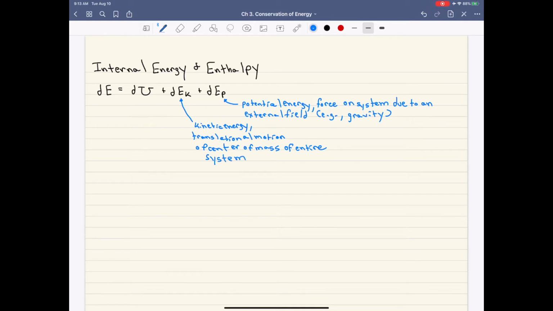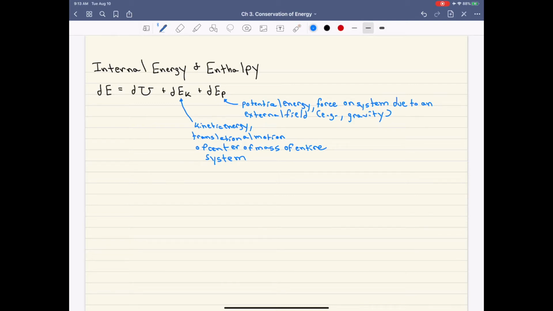So if we think of our system and its boundaries, the kinetic energy describes the energy associated with the speed of how fast that system is moving. Kinetic energy and potential energy are two concepts that you focused on in your Physics 1 class.